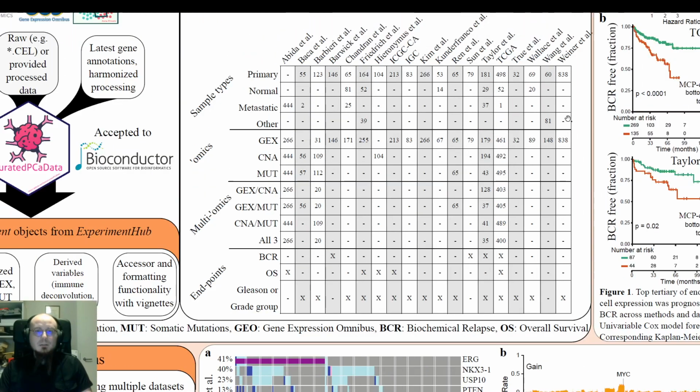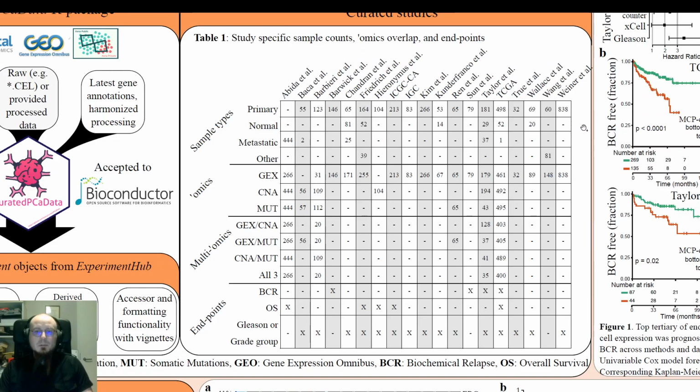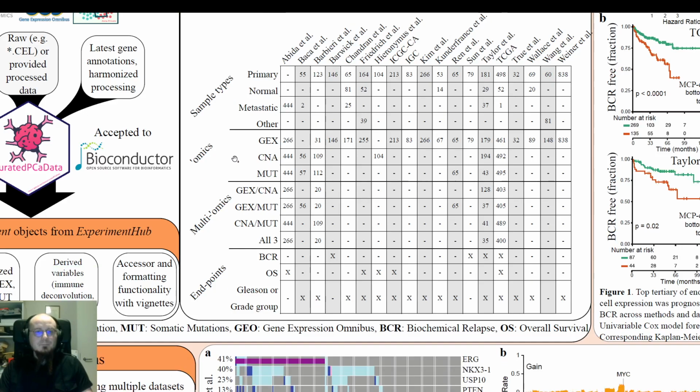In Table 1, you can find a summary of the sample counts in respect to different strata, for example the sample types. You can for example notice here that Abida et al. is a study focusing mainly on the metastatic samples. But for most of the datasets we find primary tumor samples complemented by normal samples, for example in Taylor et al. and TCGA.